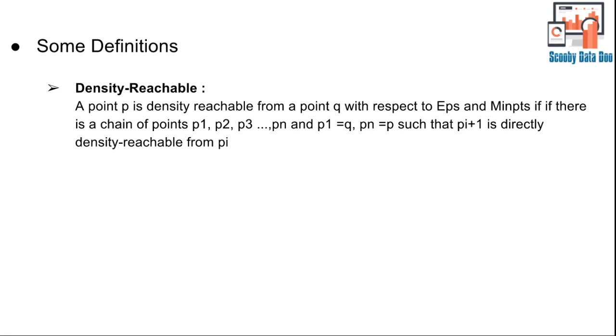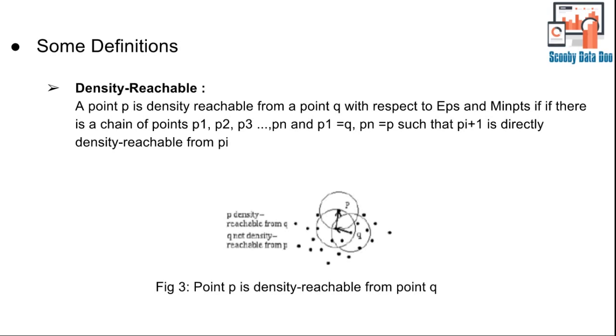Confused? Alright, let's make this easy for you. We have a chain of points, let's say P1 to Pn. To make this clearer, I will show this picture to you.